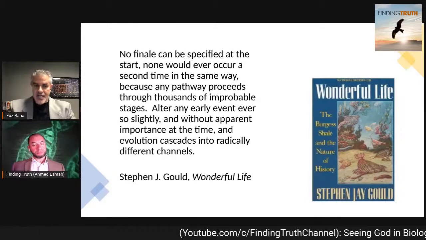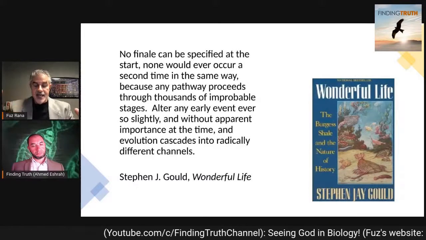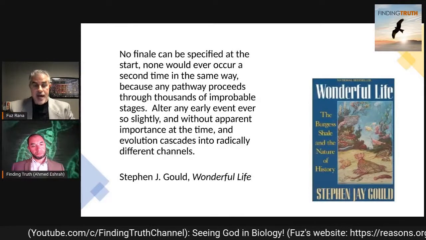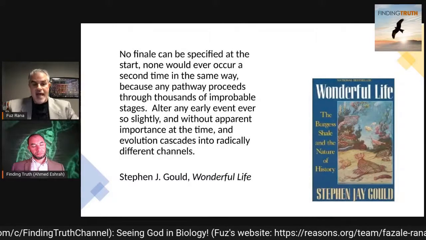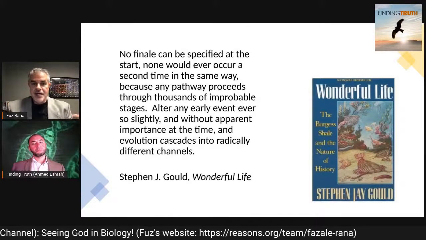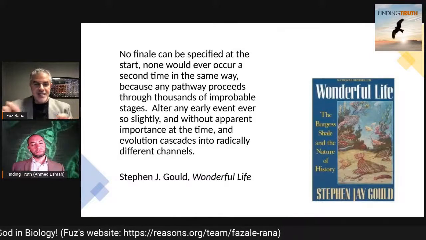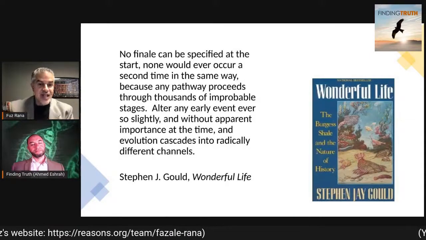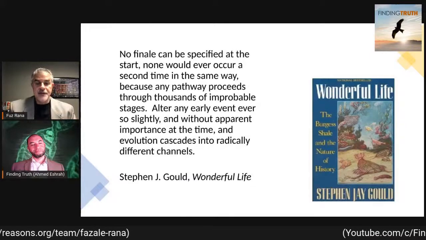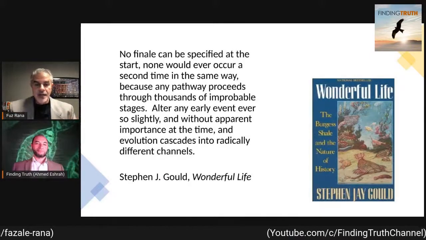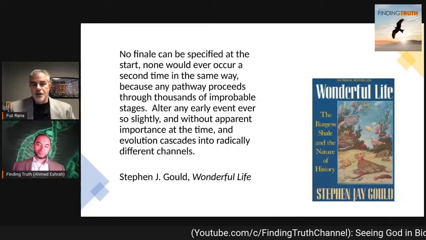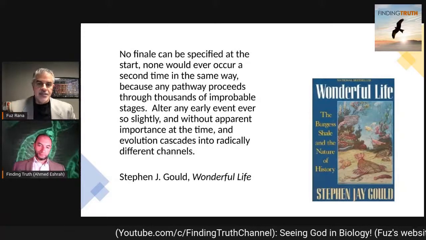Each chance event has radical ramifications for what happens afterwards. So if you change an event in that sequence ever so slightly, the outcome is going to be very different.